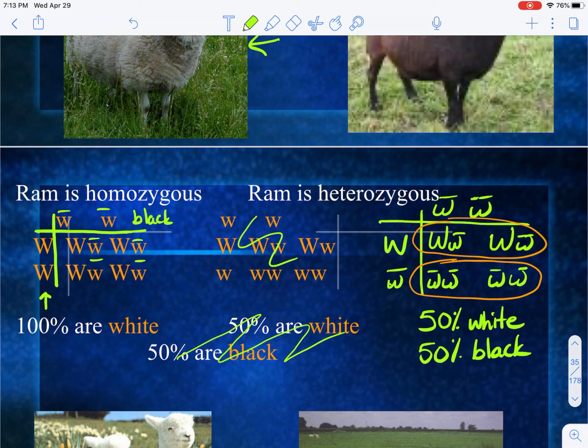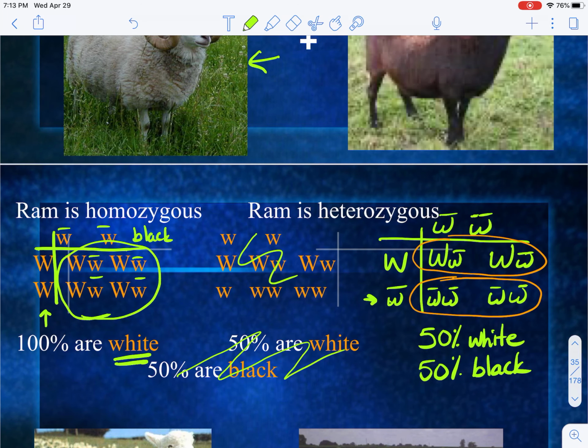So here's our possibility that it's pure dominant white. We cross it with our little black sheep, and we see that if it was purely dominant, all babies would be white. Over here, if it has a hidden black gene and we cross it with our test cross, our homozygous recessive black sheep, half of those babies would be black and half the offspring.